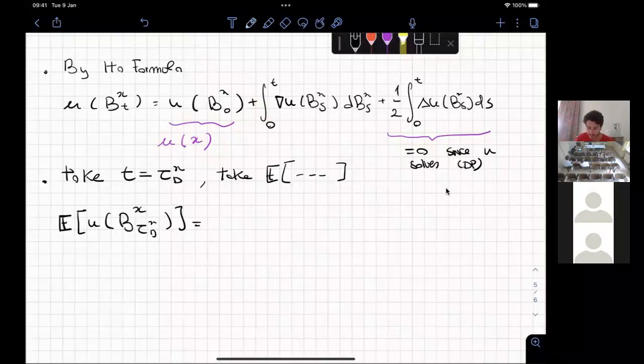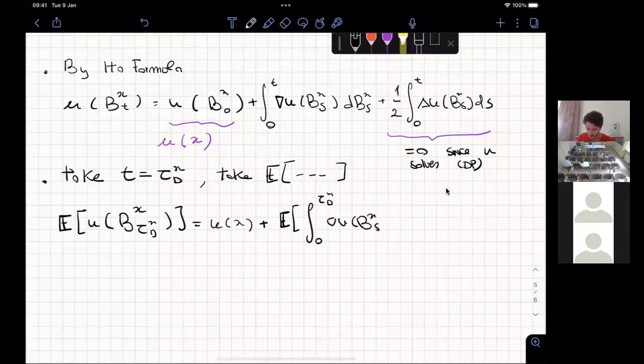So u(x), plus the expectation of this term here. But, and here is where I'm cheating a lot, this is the expectation of a stochastic integral. What we learned at the very beginning of today is that the expectation of a stochastic integral is usually equal to 0.